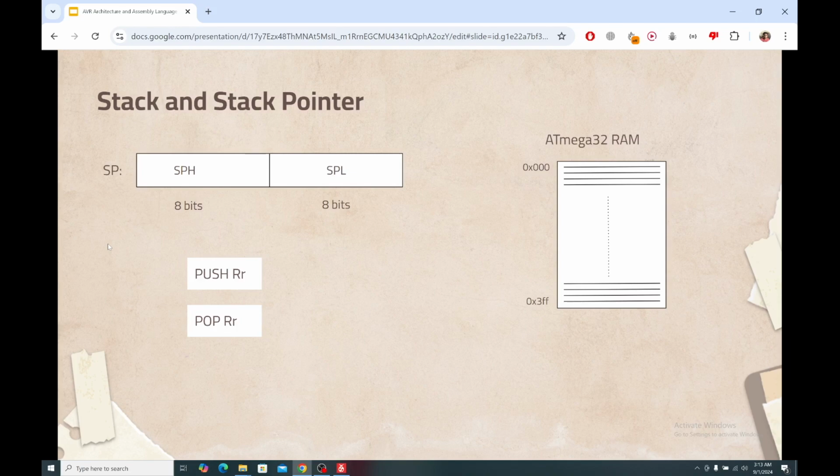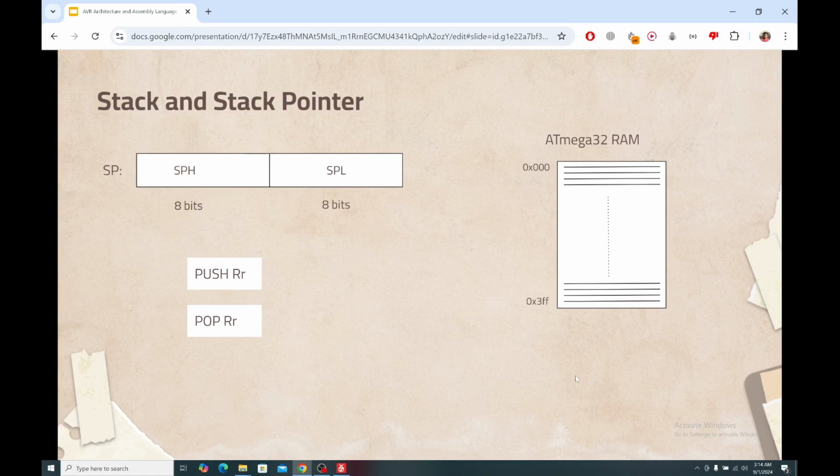If you are familiar with the data structure stack, it will help you understand it more. There are two parts of the stack pointer, SPH and SPL. The SPL indicates the lower byte and SPH indicates the higher byte.